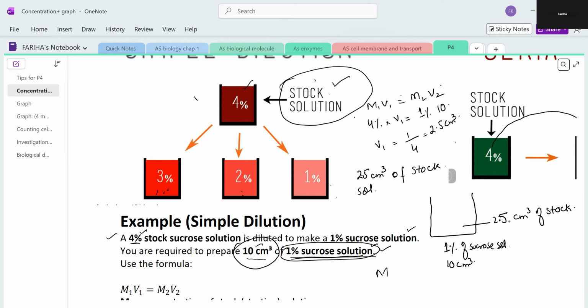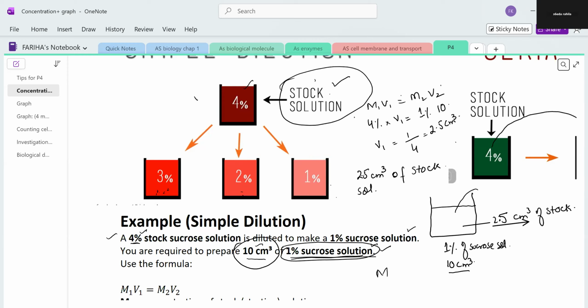So how can we make this 2.5 cubic centimeter into 10 cubic centimeter?